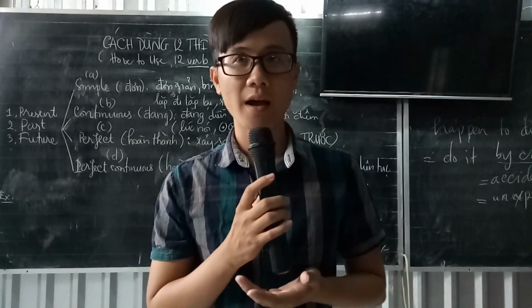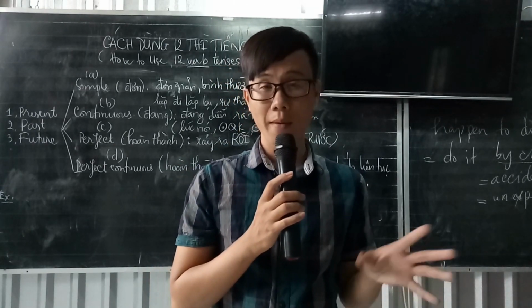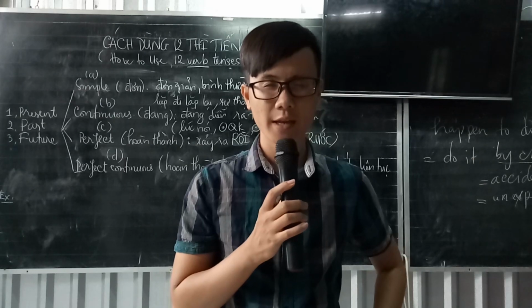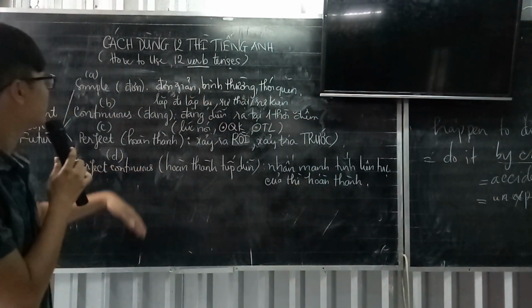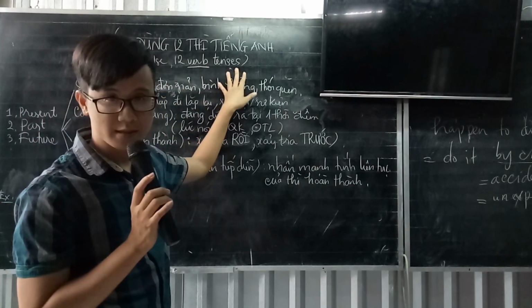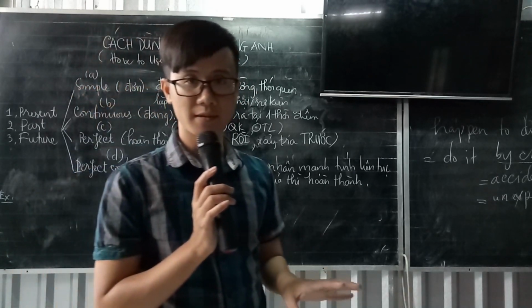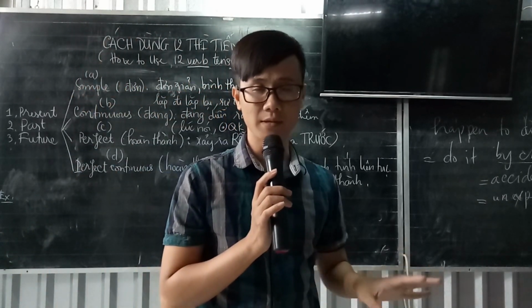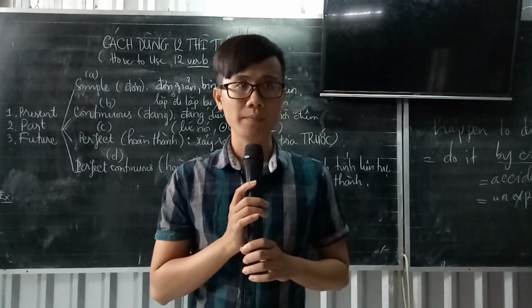And today I am going to explain to you another important grammar point in English. It is verb tenses. Here, how to use 12 verb tenses. This grammar point is the most important and most common one in English grammar. You know why?